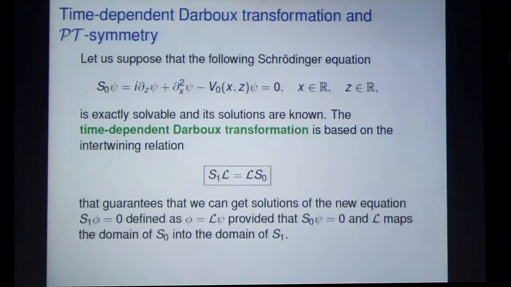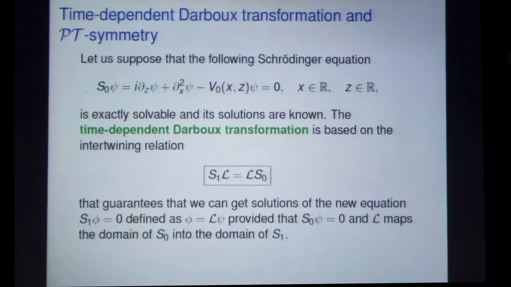What people do is propose an intertwining relationship between the operator S0, which is this Schrödinger equation, and another Schrödinger equation via this operator L, called the intertwining operator. So we have one equation and two unknowns. The only thing that we know is S0. We don't know L and we don't know S1.